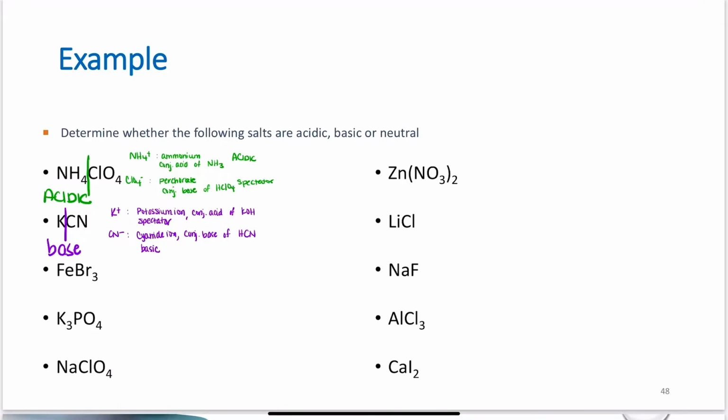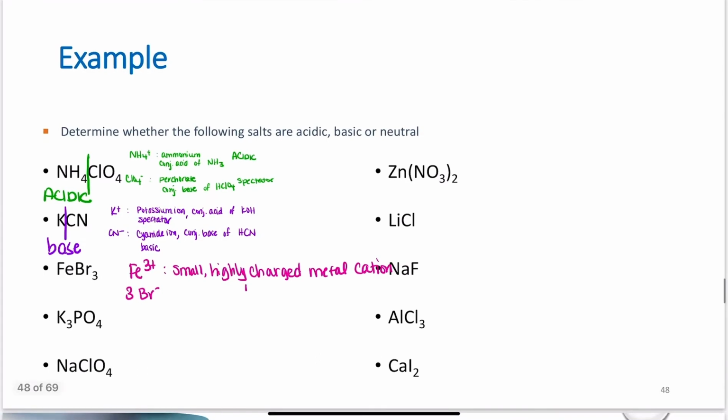FeBr3. It's going to give me Fe3+ and 3 moles of Br-. Fe3+, small, highly charged metal cation. It's going to form that complex with water and form an acidic solution.